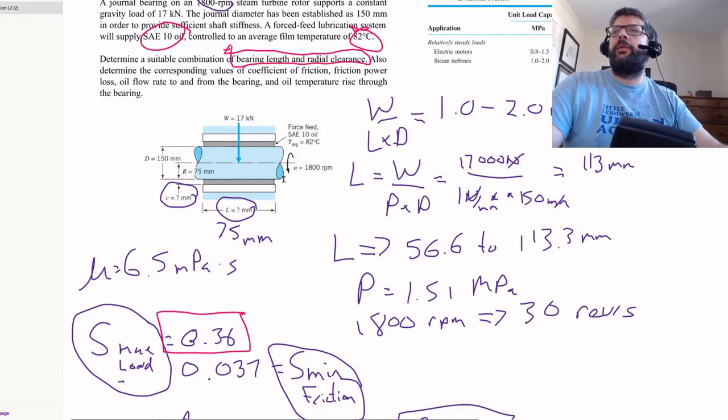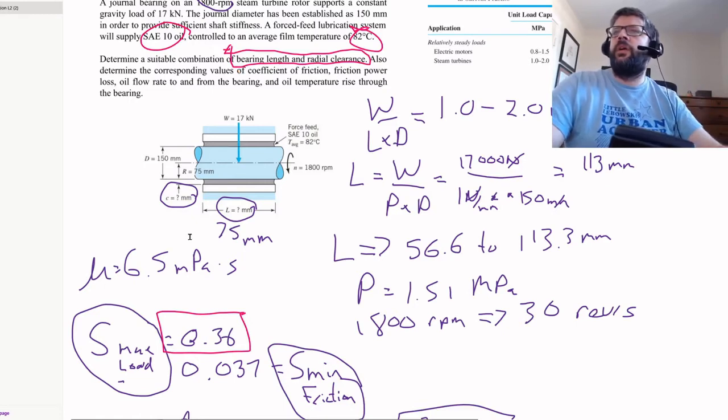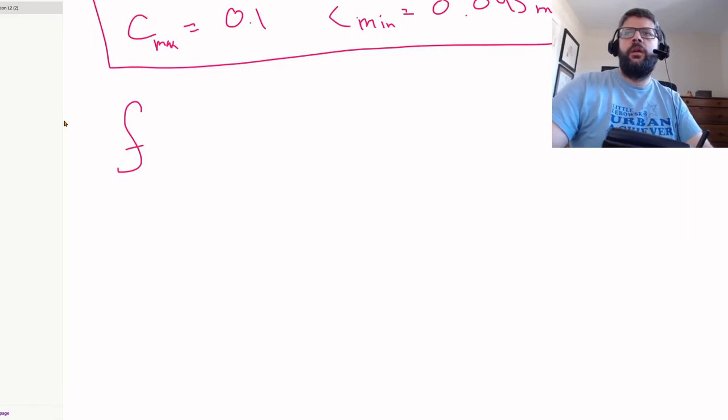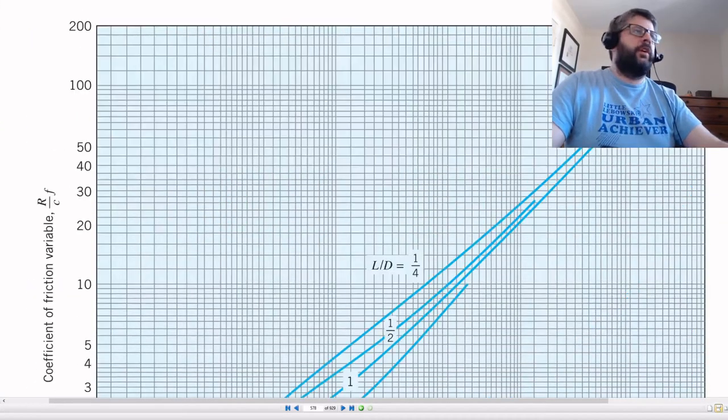So let's figure out what the corresponding values of the coefficient of friction are, and then the friction power loss and our oil flow and oil temperature rise. So our coefficient of friction is going to be found on this chart here.